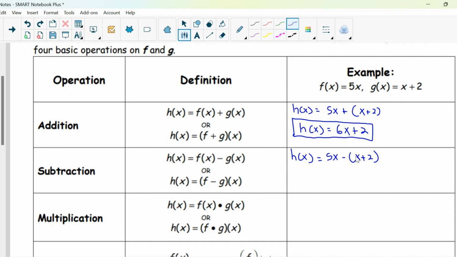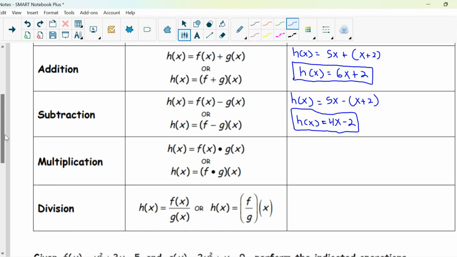But anyways, f of x minus x is going to give us 4x. -1 times 2 gives us -2. Write these equal signs here.